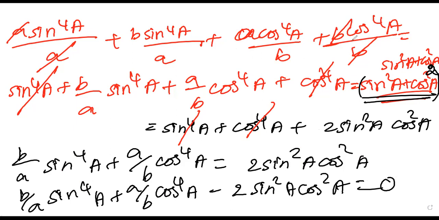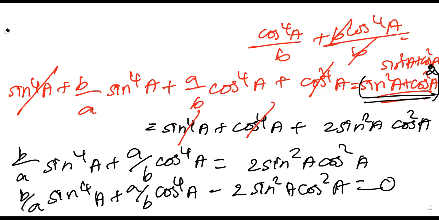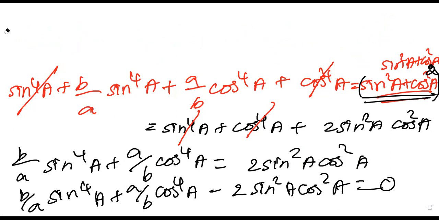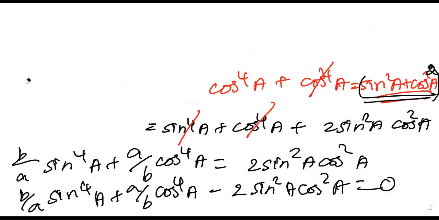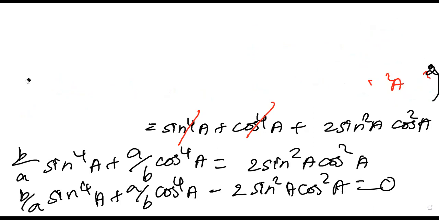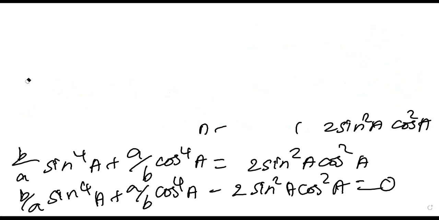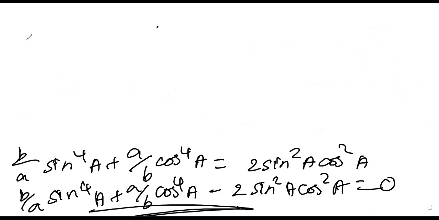Please take a screenshot. So if you look at this, it looks like a² + b² − 2ab. I'll tell you how.